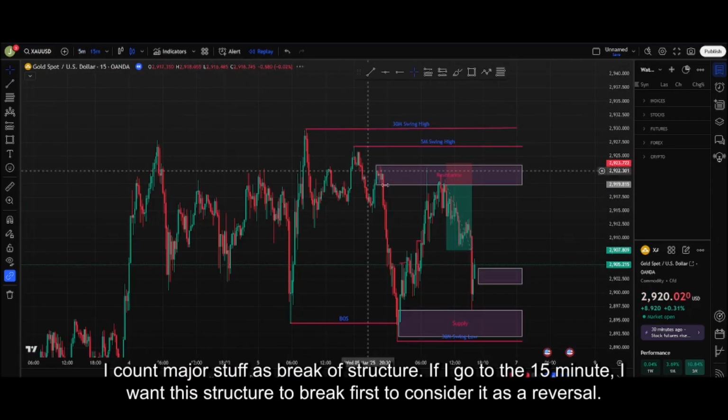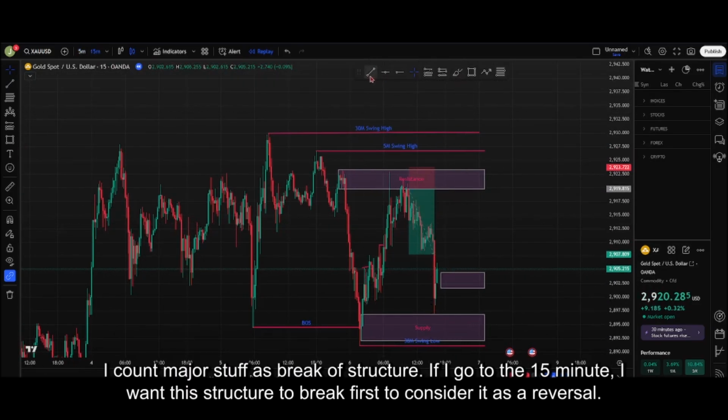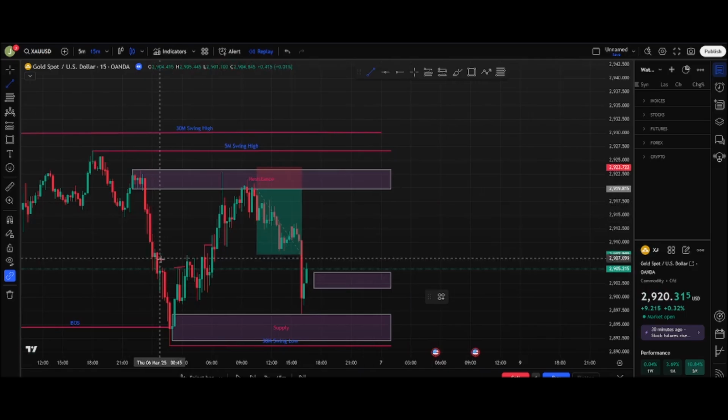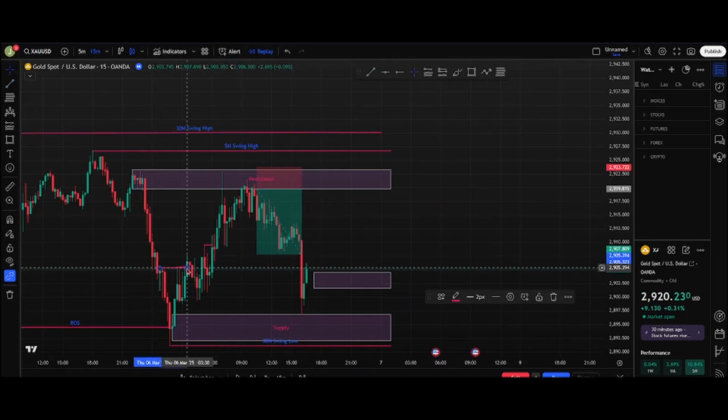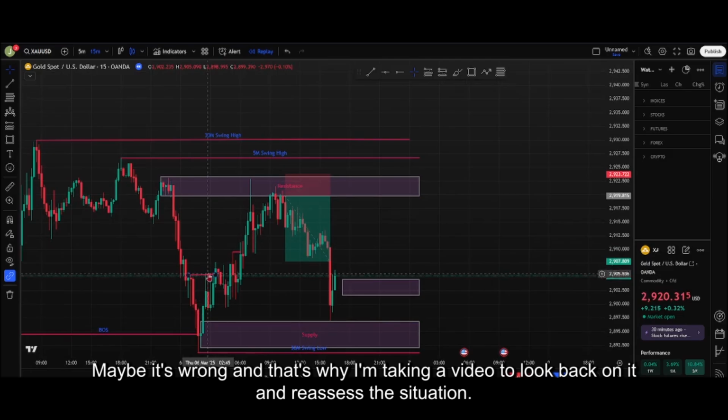Like if I go to the 15-minute, I want this structure to break first to consider it a reversal. I still have to learn why I think that way. Maybe it's wrong, and that's why I'm making a video to look back on it and reassess the situation.